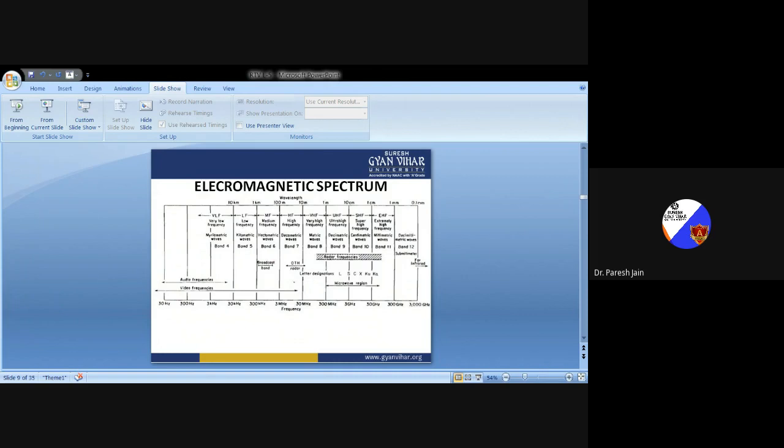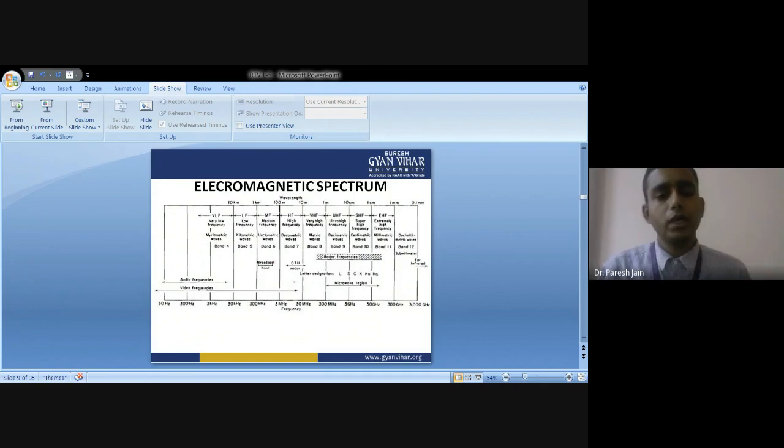Next application is the meteorological radar, used for weather warning and forecasting. This type of radar gives the day-to-day warning and forecasting of the weather.